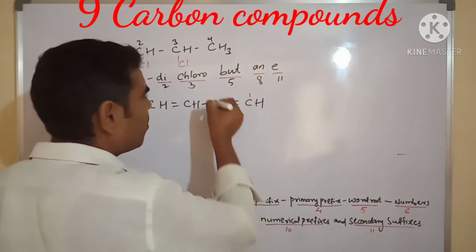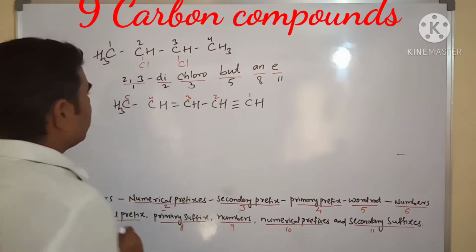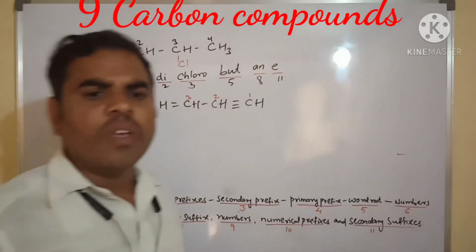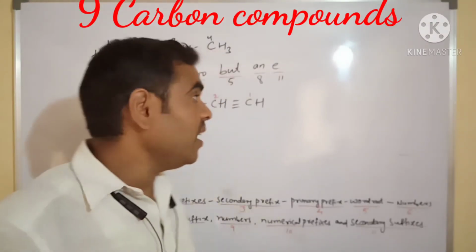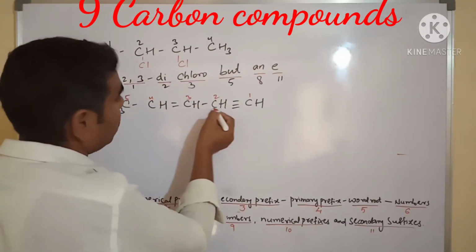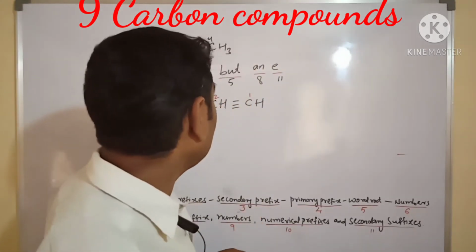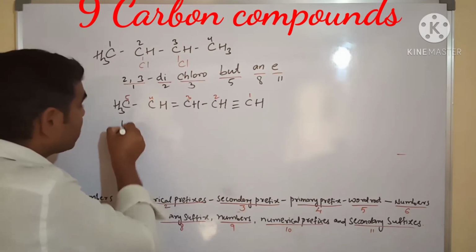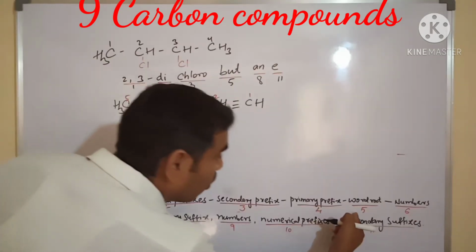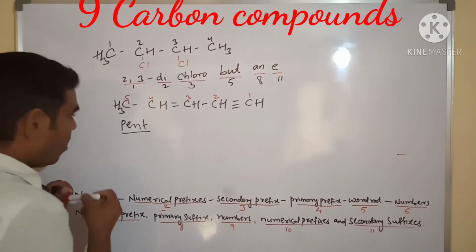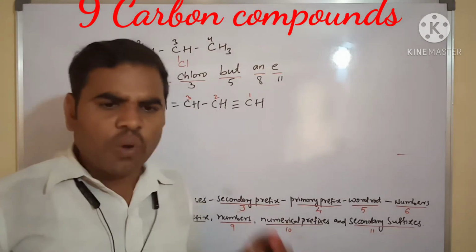See, we have to give the numbering 1, 2, 3, 4, 5. क्लियर हो गया? ओके. इसमें क्या करना है? अब देखना है. हाउ मेनी कार्बन्स इज देयर? 1, 2, 3, 4, 5. 5 कार्बन को क्या बोलते हैं? पेंट. सी, ये पेंट का क्या है वर्ड? सी, रूट वर्ड है. इसको 5 नंबर लिख देना है. ओके, इजी है ना? ओके.